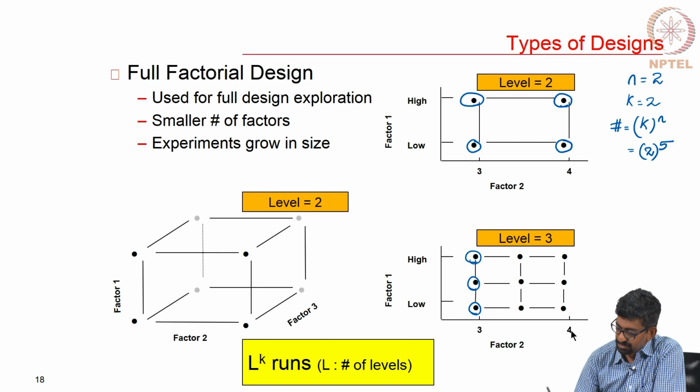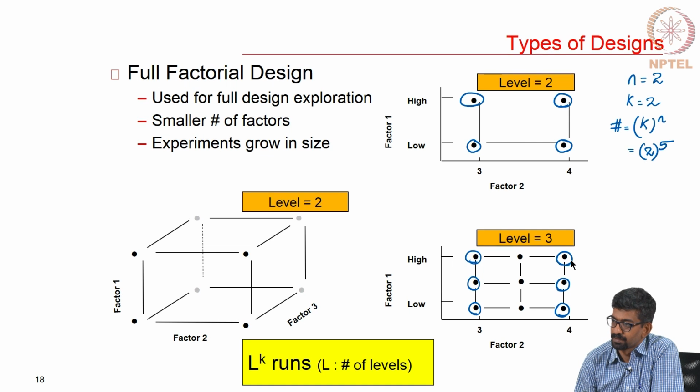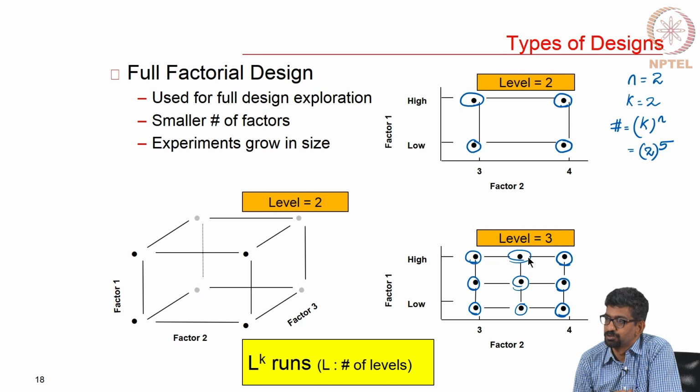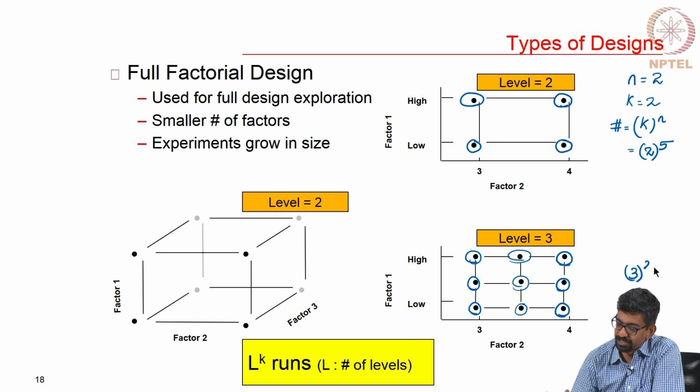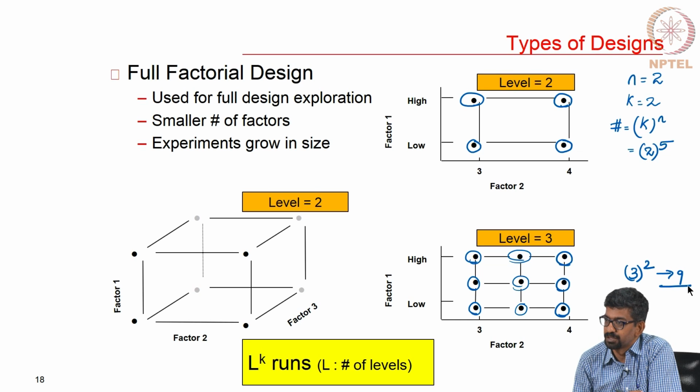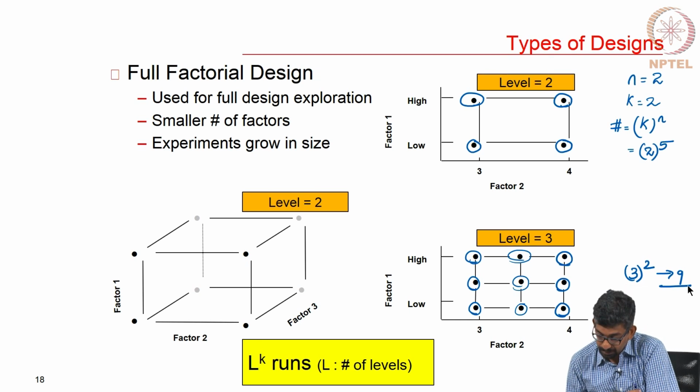For this factor level, similarly, for this factor at this particular level I will have 3 realizations. So, in total 9, which is clear from this, right. So, the level is 3 raised to the number of factors, which was 2. So, it is 9. Get the point?